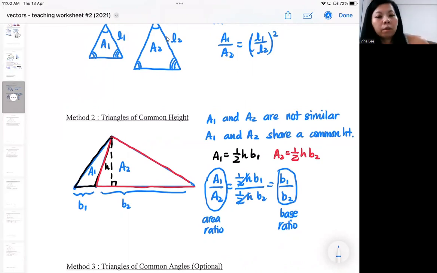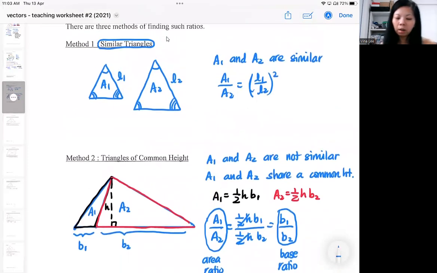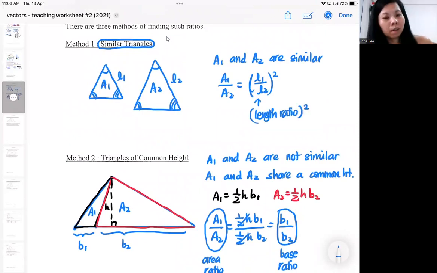So the area ratio is the same as the base ratio when you are dealing with triangles of common height. If you are dealing with similar triangles, then it will be the length ratio squared. You take the length ratio and you square it when it's similar triangles.